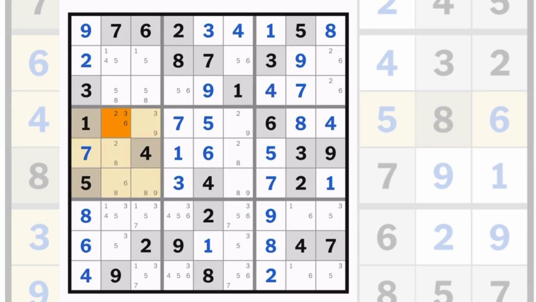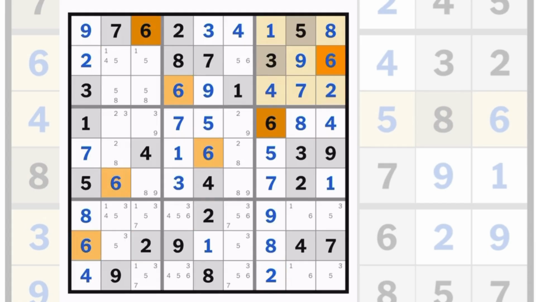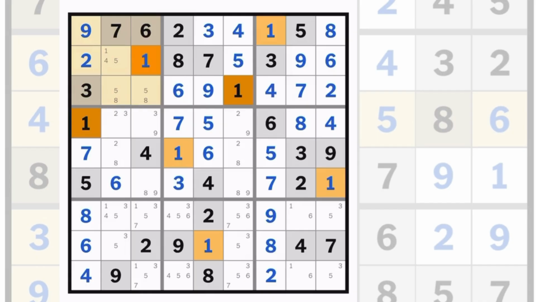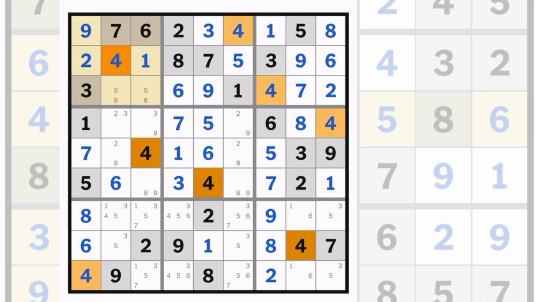We remove 6 from here. This becomes a cell where 6 is unique. So here 8 is there. So this becomes 6. This becomes 2. This becomes 6. This becomes 5. In which case this becomes 1 and this becomes 4.